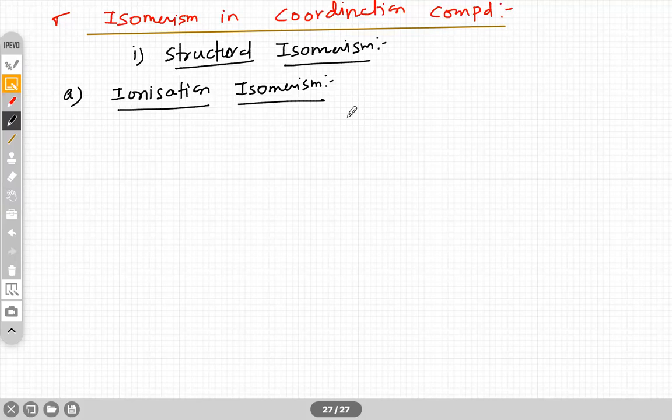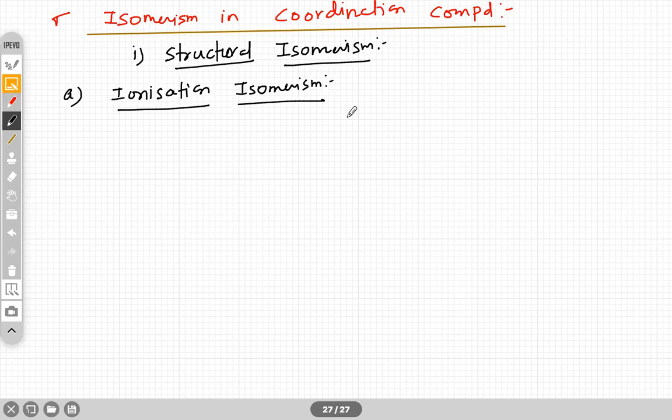On ionization, if they give different ions, they are called ionization isomers. The basic thing is the same, the molecular formula of the compound must be the same. Without that, we cannot even imagine isomerism, right? If on ionization they give different ions, then we call it ionization isomerism.